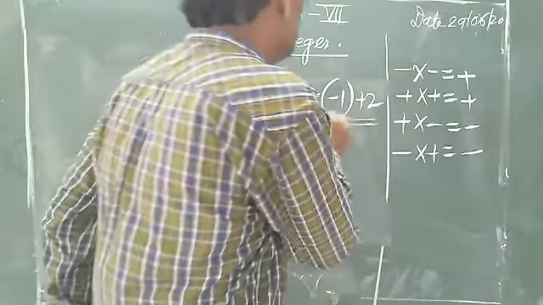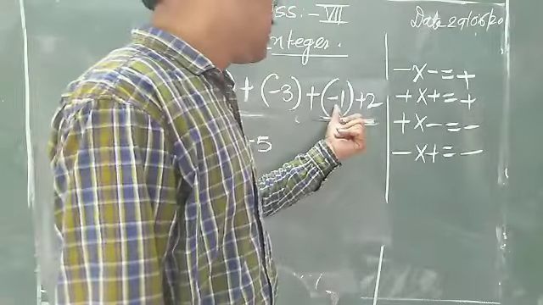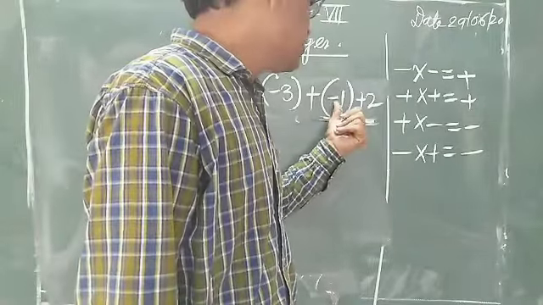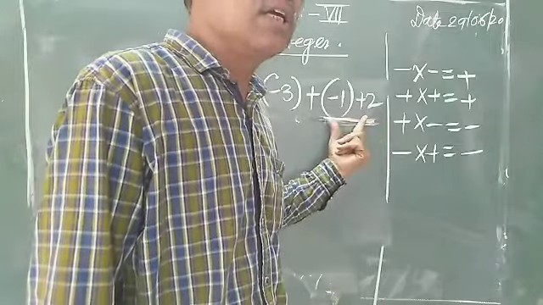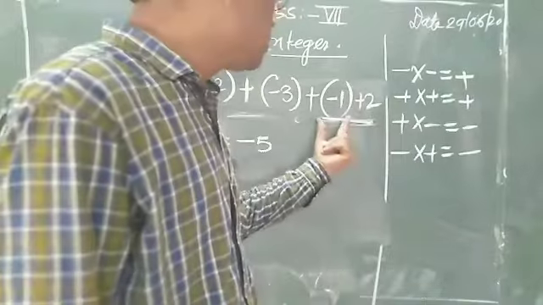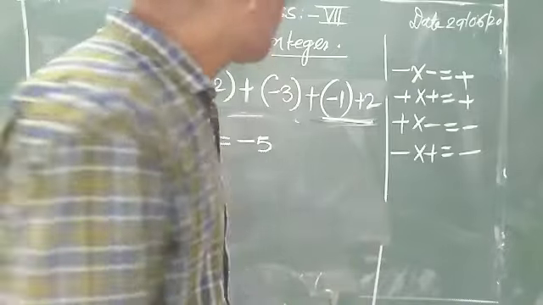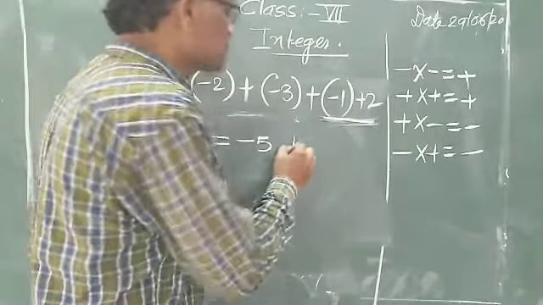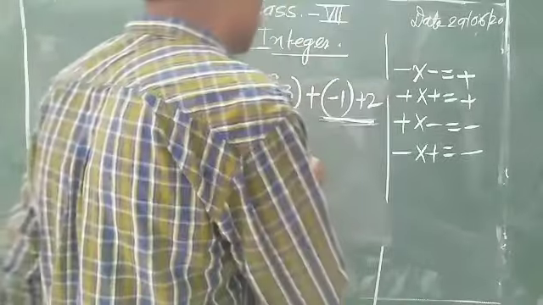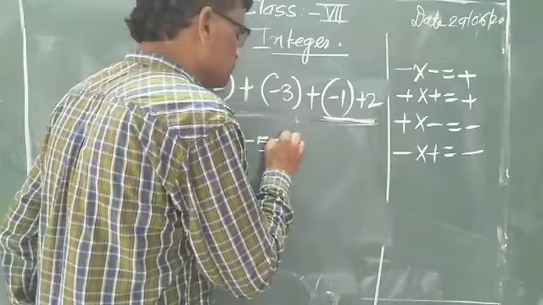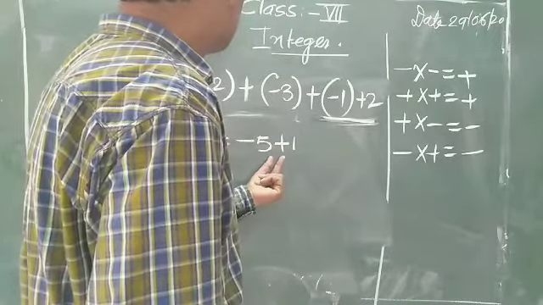Then we will operate these two numbers and apply the sign. There is a negative number and one positive number, so we take the difference of these two numbers. The difference of the two numbers is 1, but the sign of the greater number is positive. Therefore, we apply the positive sign here.